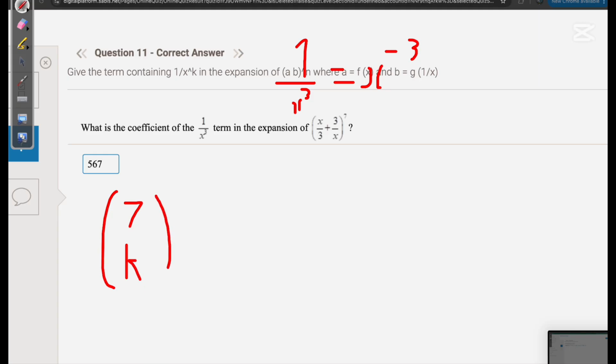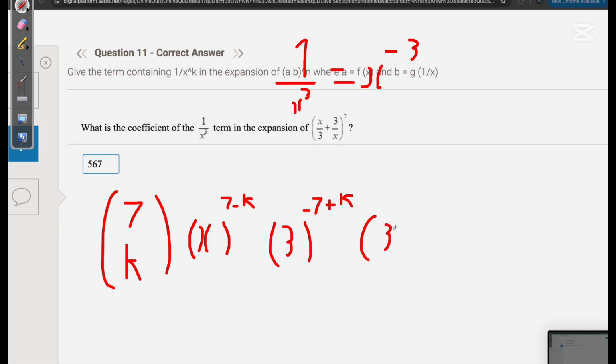So 7Ck x to the 7 minus k, 3 to the negative 7 plus k, because you took it from the denominator up, so negative 7 plus k, times 3 to the k times x to the power of negative k. Now you do 7 minus 2k is negative 3. K, you get k is 5.